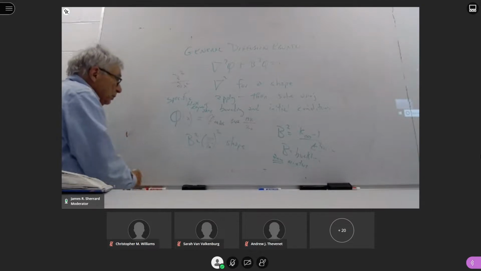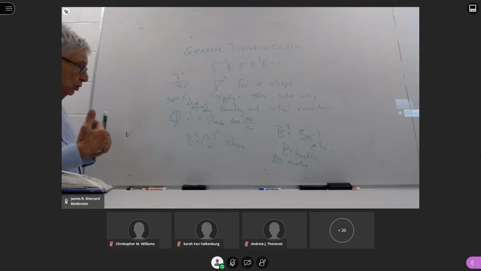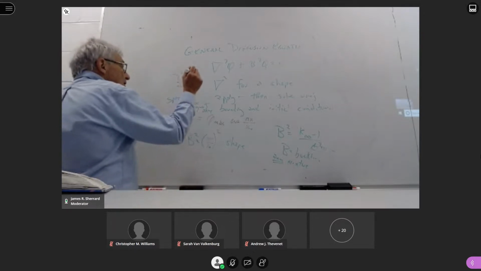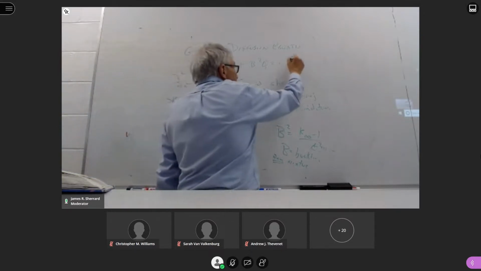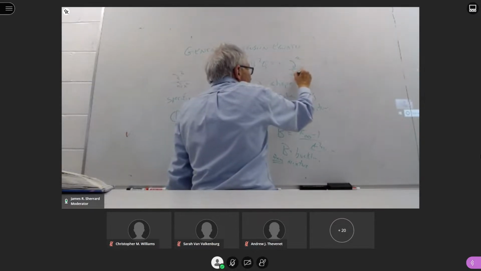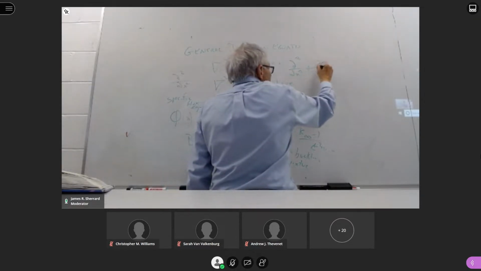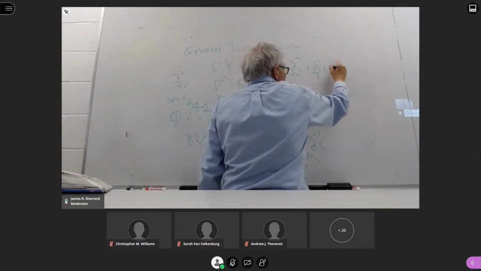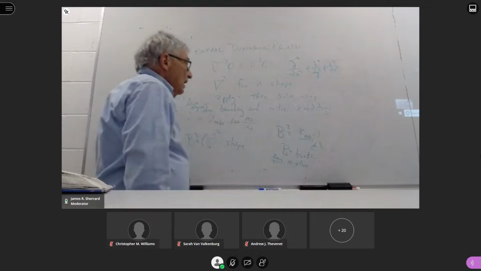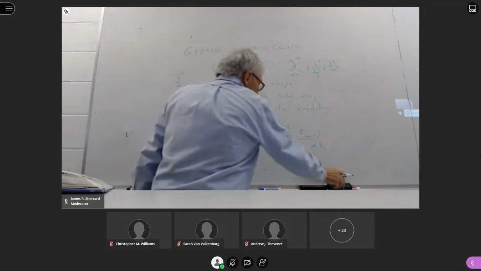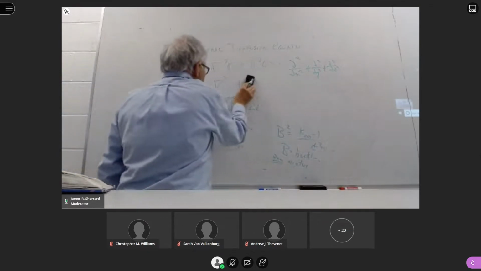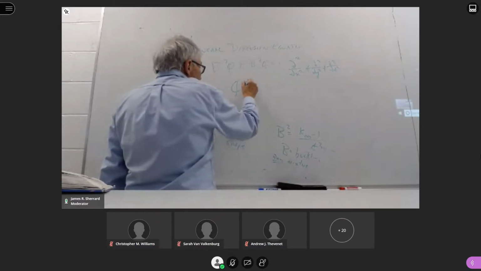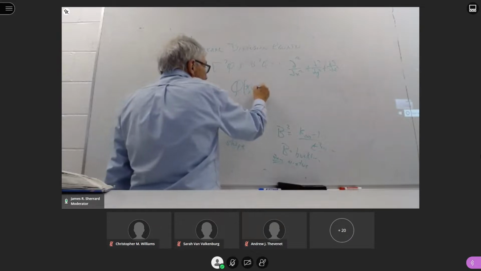If I instead ask you to put this in a cube, this del 2 would become, again solving for boundary and initial conditions, this would come out where the flux is a function of x, y, and z.